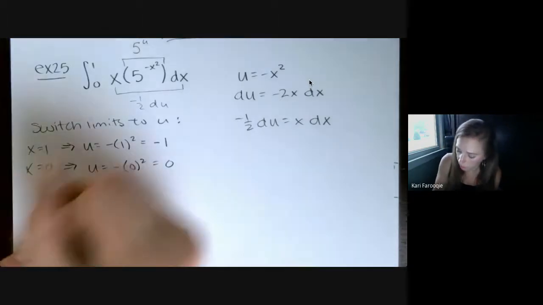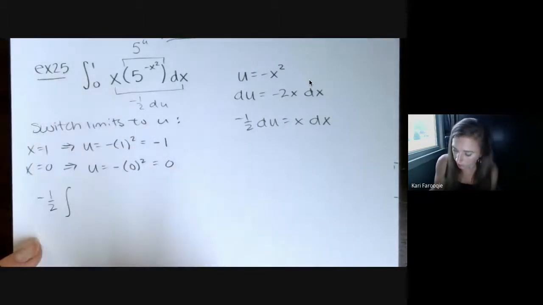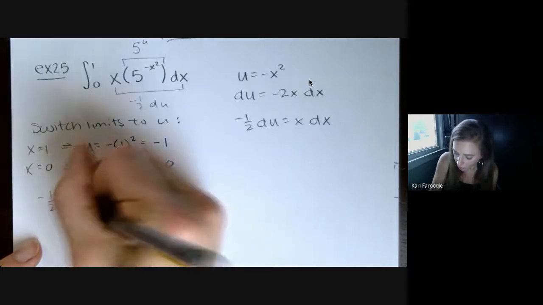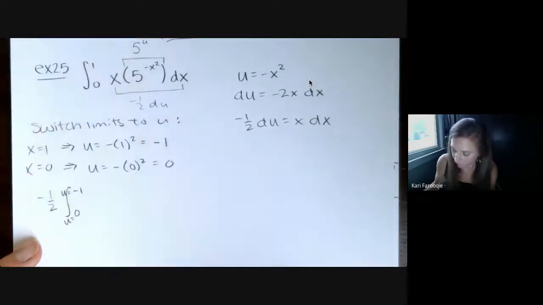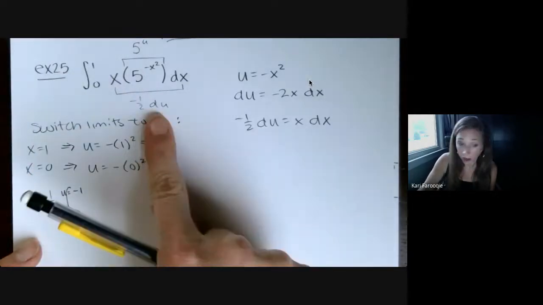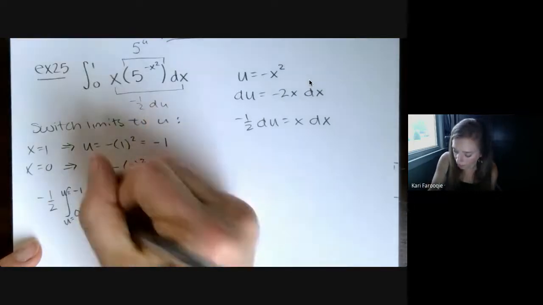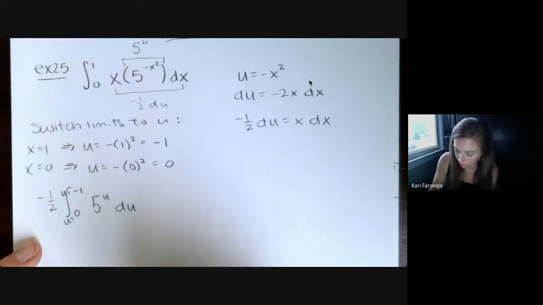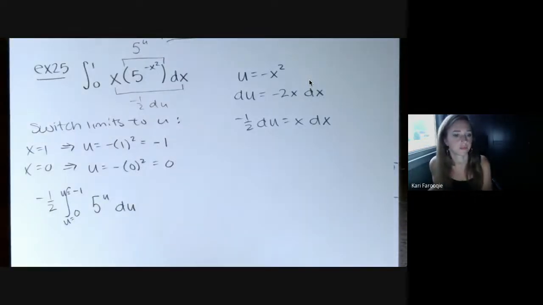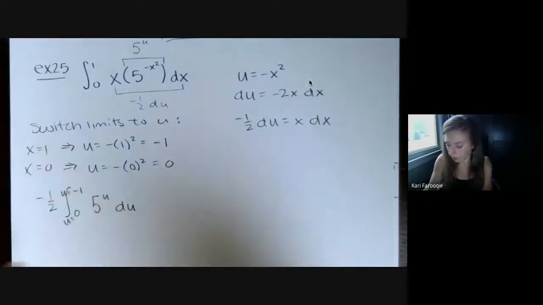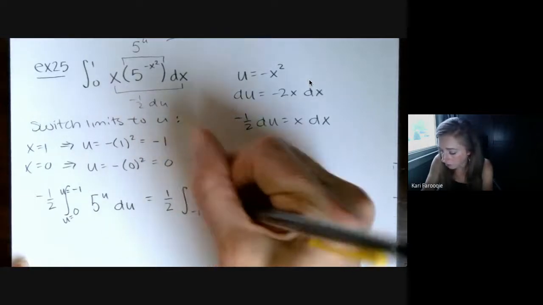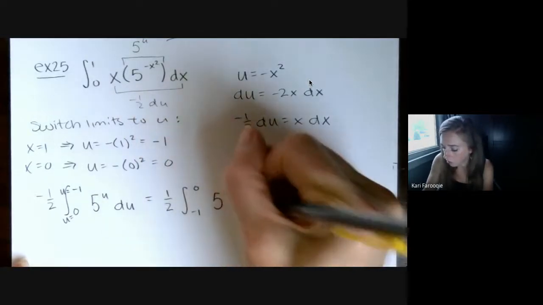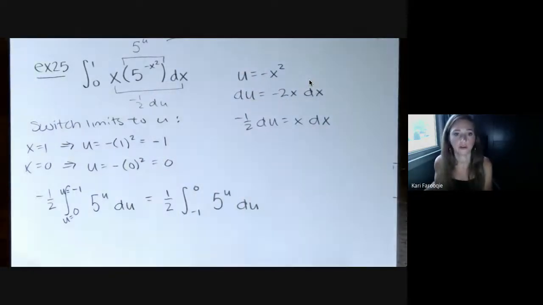So officially, we have negative 1/2 times the integral from 0 to negative 1, and these are our u limits. The negative 1/2 comes from the du, and then we have 5 to the u du. Because I like to have this in order from least to greatest, and I don't like the negative in front, I'm going to say this is positive 1/2 times the integral from negative 1 to 0 of 5 to the u du.